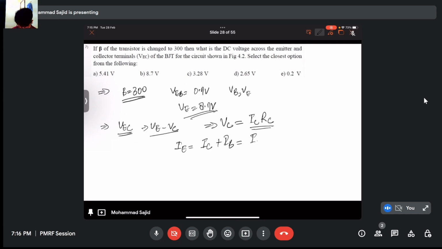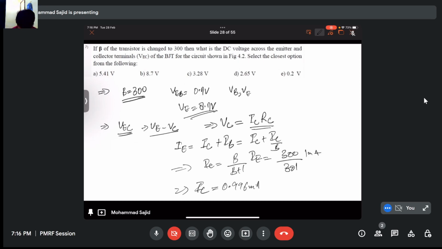Again, using this formula, we get IC is equivalent to beta divided by beta plus 1 times IE. Here beta is 300, so we get 300 divided by 301 times IE. IE is 1 milliampere. So my IC, let's just calculate it, we get 300 divided by 301, 0.996 milliampere. This is my IC, right?